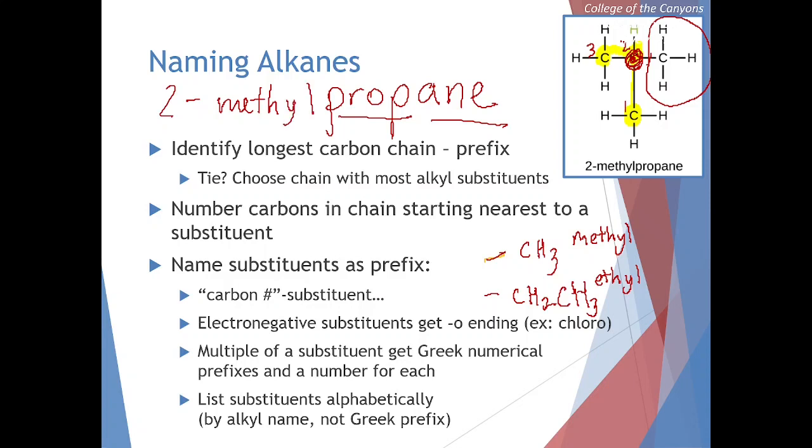There's a methyl on that second carbon. We call this molecule 2-methylpropane. This 2 refers to where that methyl is. We separate our numbers and our words with a hyphen. There is no space between any of this other stuff. Methylpropane is all just one word without any spaces. And oh, look at that. We got the answer correct.